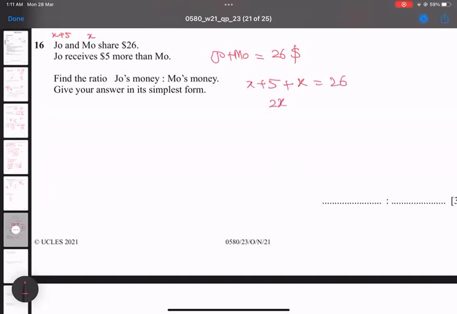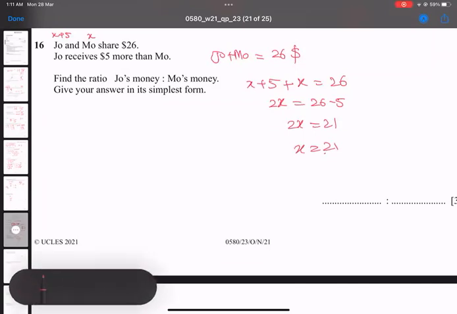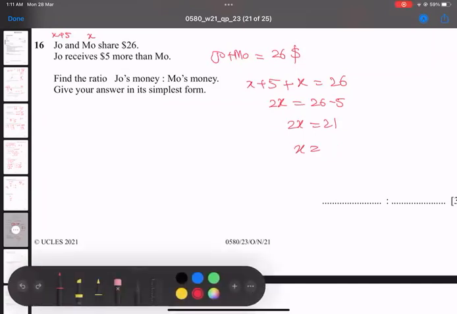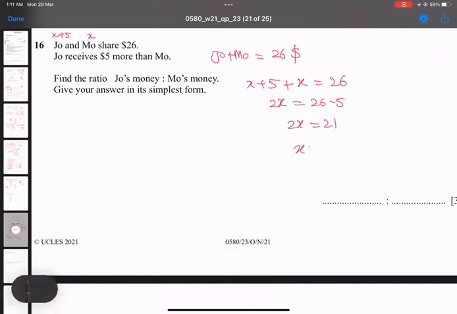X plus X gives 2X, 5 goes to the right-hand side. We get 21, and X becomes 21 over 2.